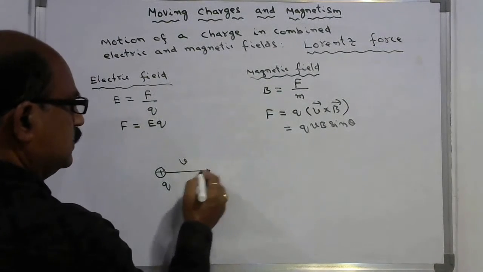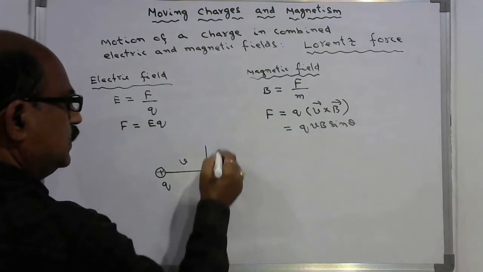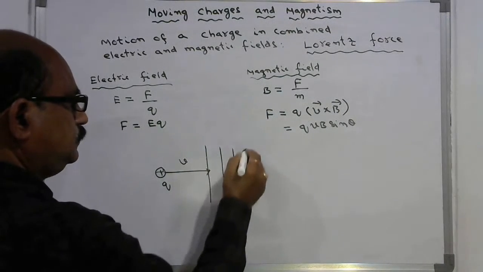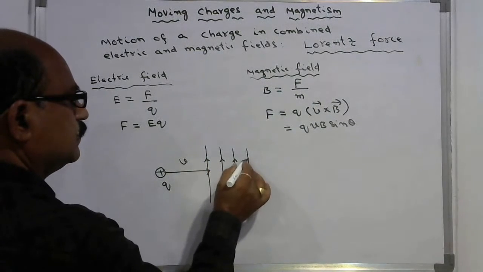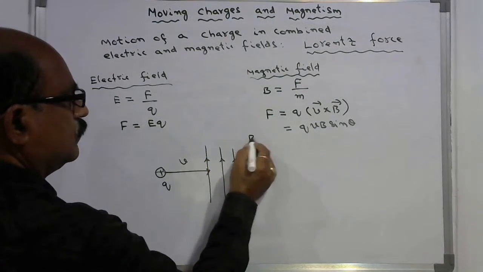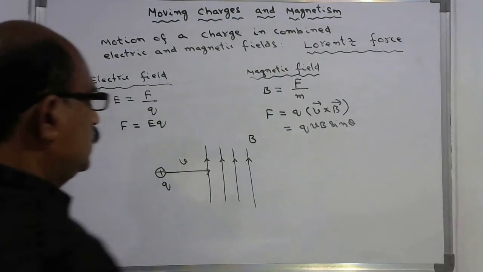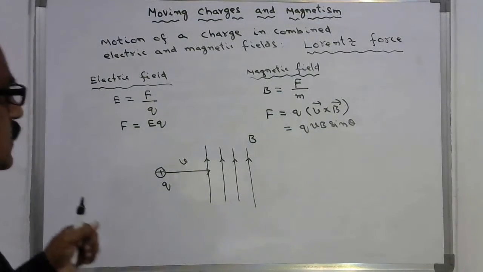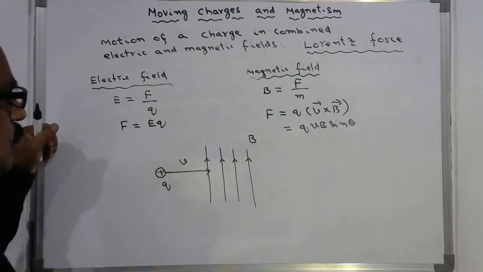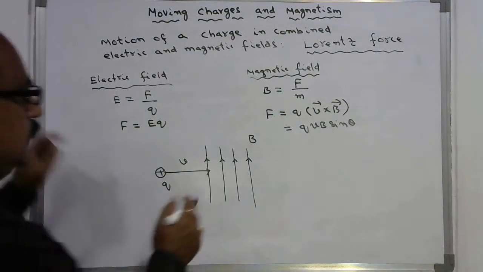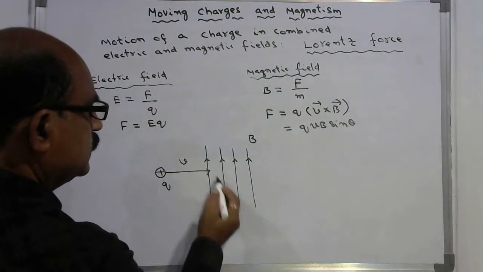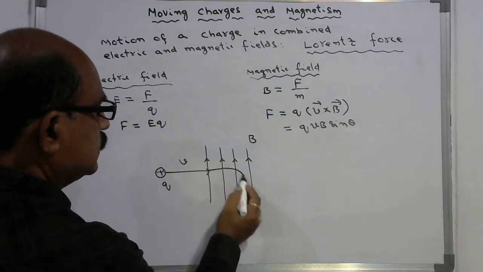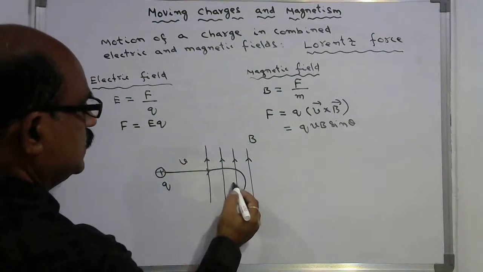I write here, this is the magnetic field intensity. If these two are perpendicular, now let us see the direction of force. It is influenced by force and it moves in this direction with a certain radius r.